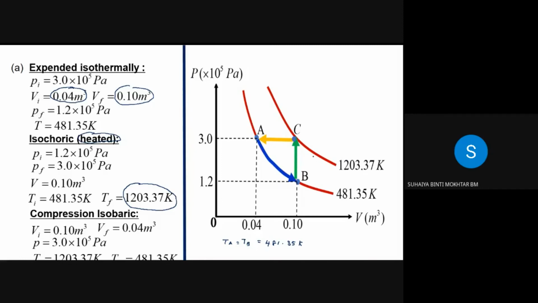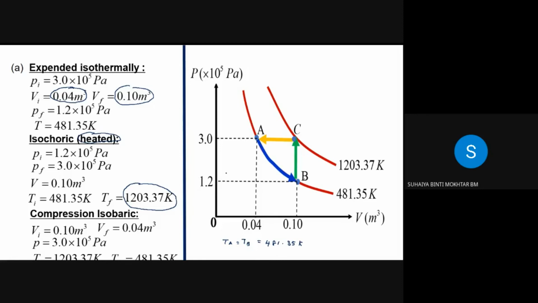The initial pressure at point B is 1.2, the final pressure for the isothermal case.